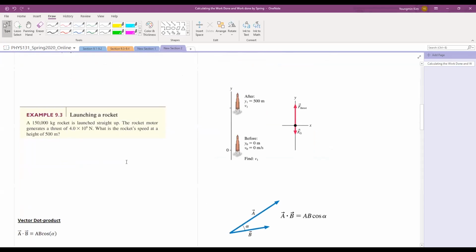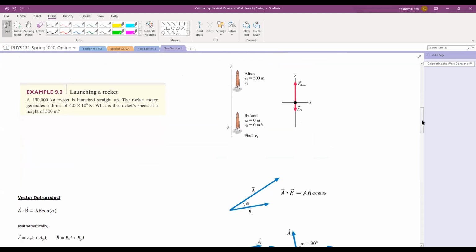Let's take a look at this example here. It's a little bit more involved, but not too much. Example 9.3. Launching a rocket. In this case, we have a 150,000 kilogram rocket launched straight up. The rocket motor generates a thrust of 4 times 10 to the 6 Newton, and we are asked about the rocket speed at a height of 500 meters.